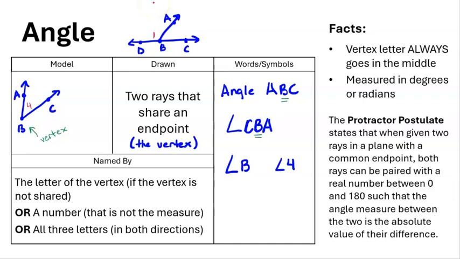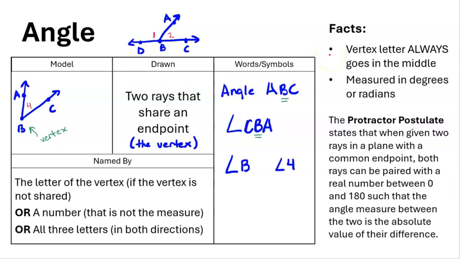So like this obtuse angle may be called angle 1, and then this one could be called angle 2. And then the straight angle would be a combination of angle 1 and angle 2, which we'll get into in the next unit. So there's multiple names that you could call it by. Just make sure you're tracing it with your finger to make sure that you are naming it correctly.